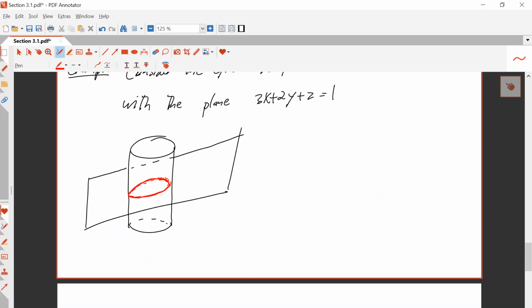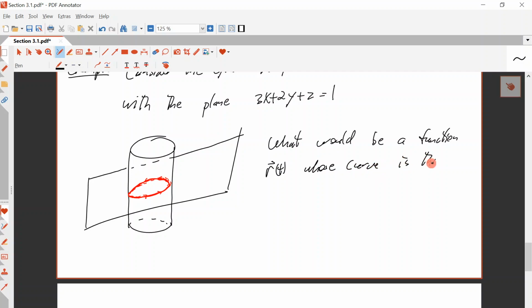Give me a vector function r of t that describes this curve of intersection of the two surfaces. So what would be a function r of t whose curve is this intersection?